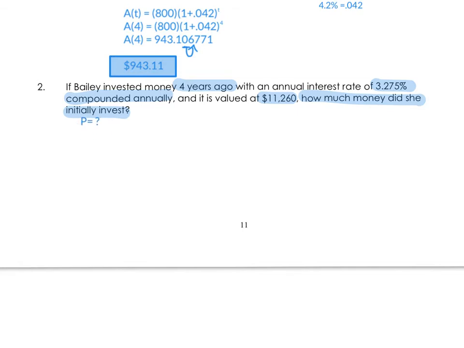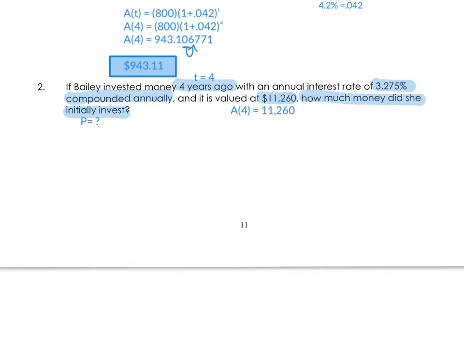So I do know the time is 4 years. And I know that the output, the amount that's in the account, so my A of 4, or A of T if you wanted, but I know it was 4 years, that's the 11,260. What I don't know is the P value, how much was initially invested.